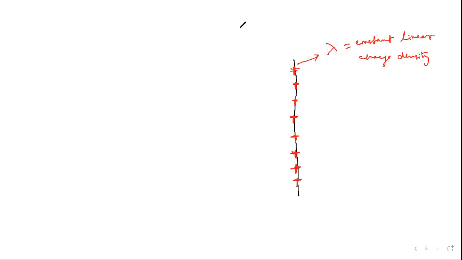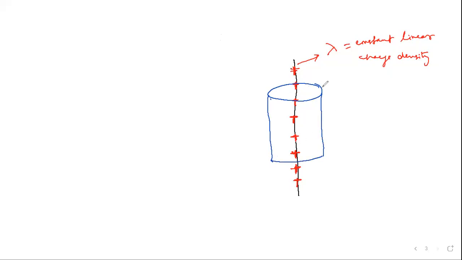As you know, so I construct a Gaussian surface in the form of a cylinder, which is coaxial with the line.